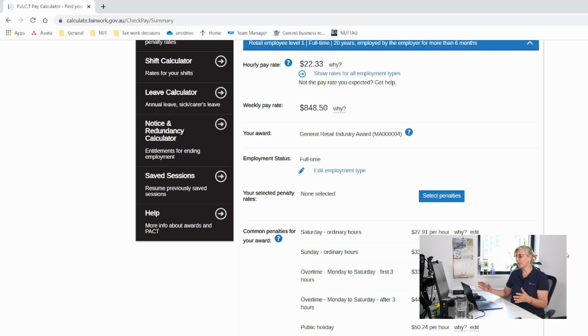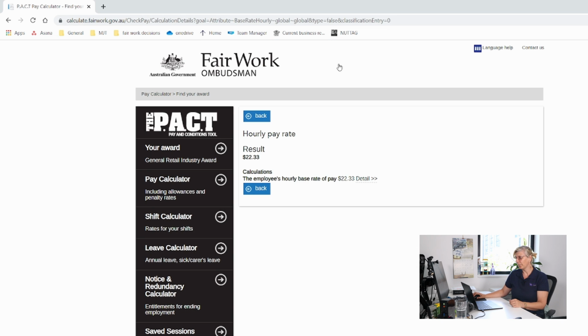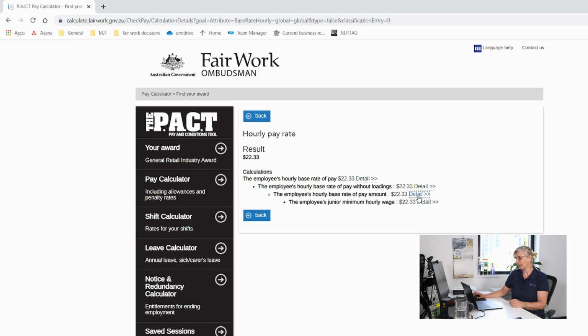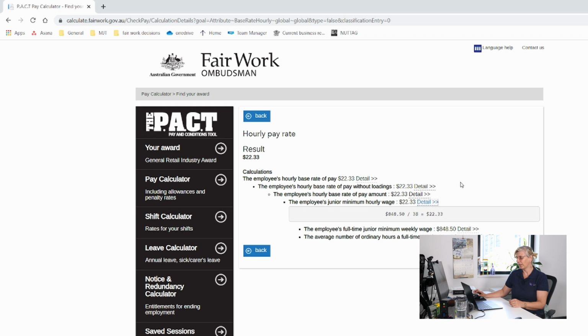Okay, now this pay rate tells me what my minimum pay is going to be. So if you're getting paid $22.33, if I just click through and press details and keep pressing details, hopefully it's going to give me all the information we need today. So this says that I'm an employee on $23.33.